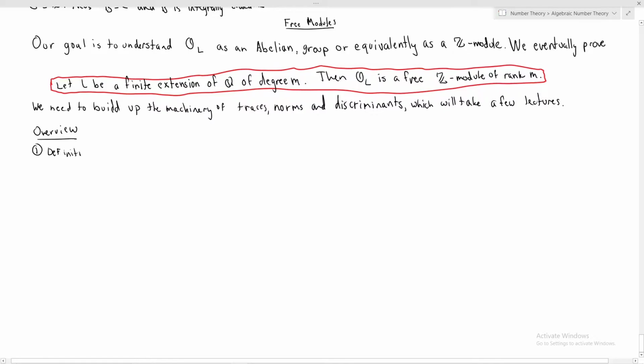Second, it will be useful probably much later, like 4 or 5 lectures away, so we're going to give some criterion for when a collection of elements forms a basis for a free module.